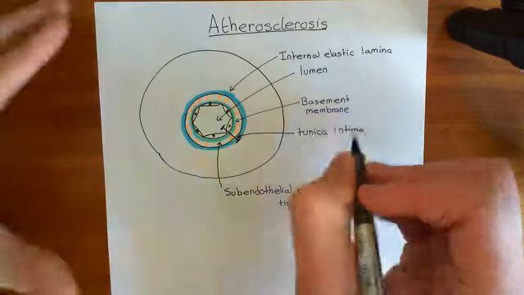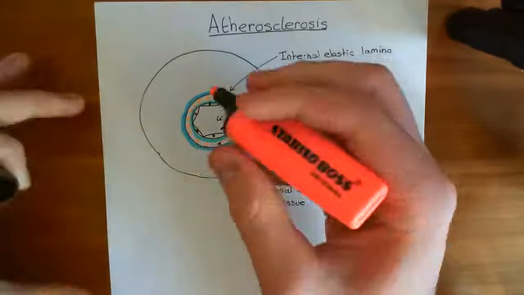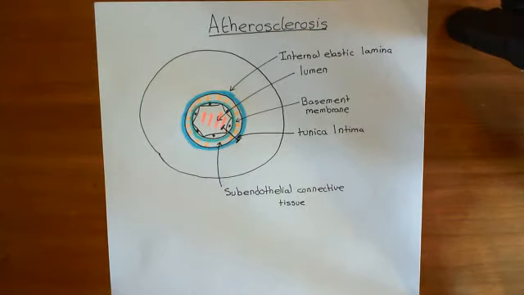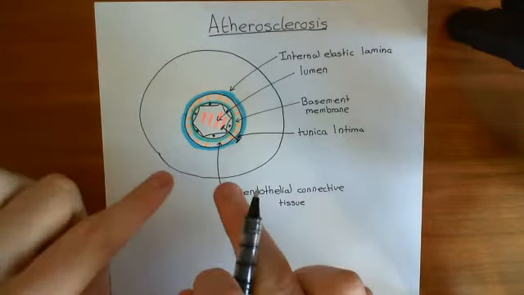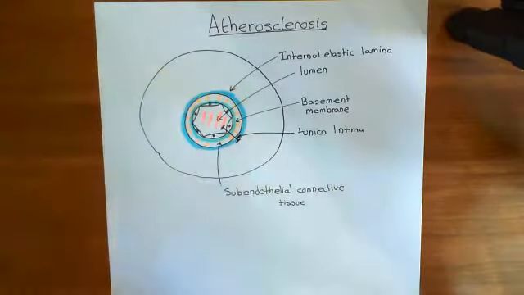So this name means the layer that is close to the blood, since the blood is flowing through this lumen here. That's the origin of the name tunica intima. Atherosclerosis, as we're going to see, is a disease involving the tunica intima.